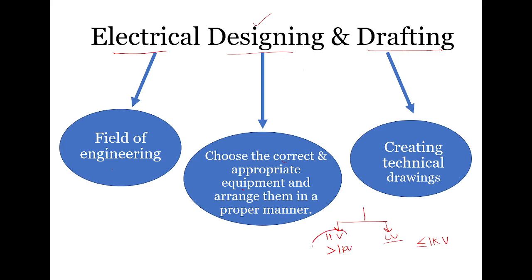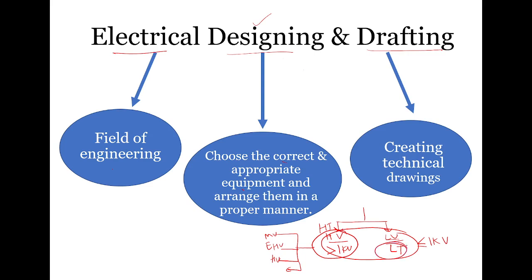In HV there will also be MV, extra high voltage, ultra high voltage, everything. But as per the IEEE classification, we have two classifications, LV and HV, or sometimes you will find in some journals LT and HT, low tension and high tension.